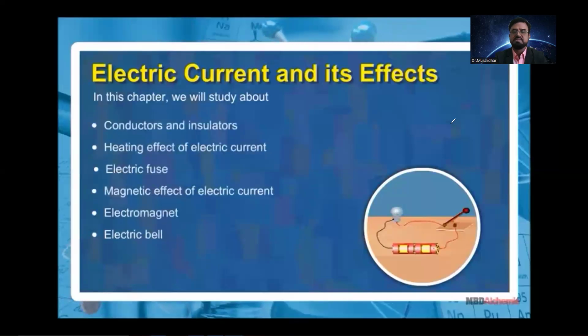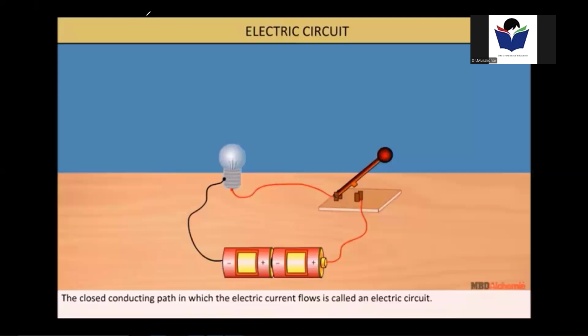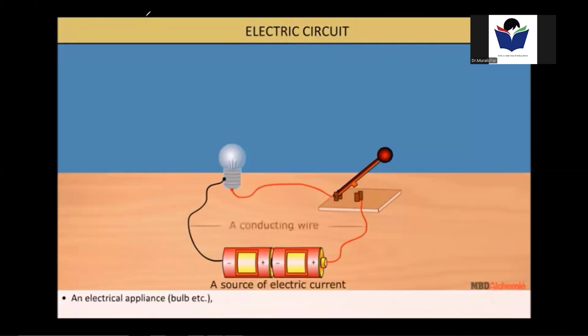A lot of information is there in this. So carefully, all the chapter is covered here. Electric circuit. The closed conducting path in which the electric current flows is called an electric circuit. An electric circuit constitutes a source of electric current, cells, etc., a conducting wire, an electrical appliance, bulbs, etc., a switch or key.